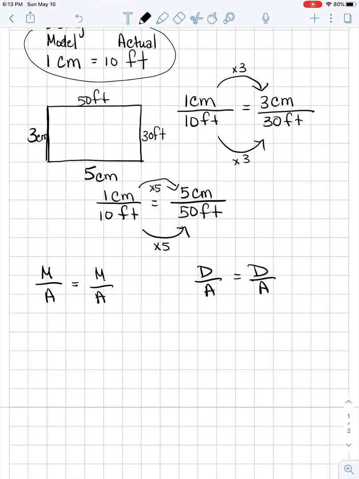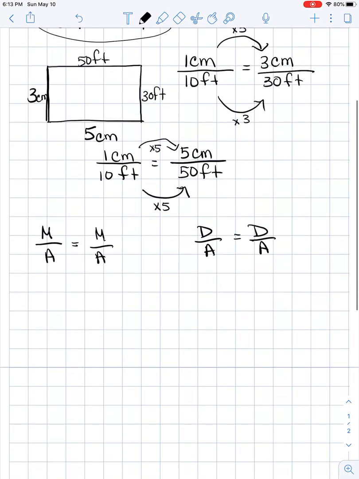So let's take an example. Let's say a builder is building a house from a blueprint. And the blueprint has a scale of 1 foot on the drawing, because blueprints are big, is 40 feet in real life.